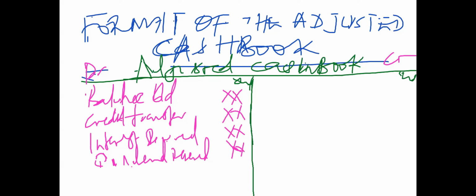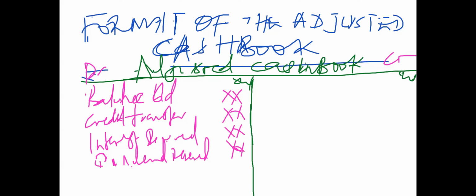So usually the things that are here in the adjusted cash book are the things that are in the bank, which are not done yet by the business. For example, if the bank credits our account with an interest, then we have to adjust our cash book by debiting that same interest.